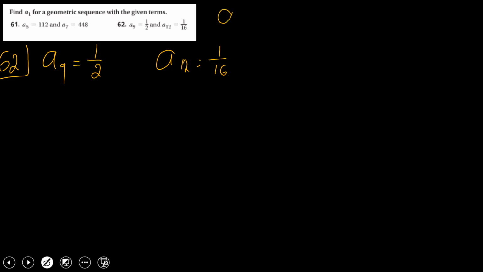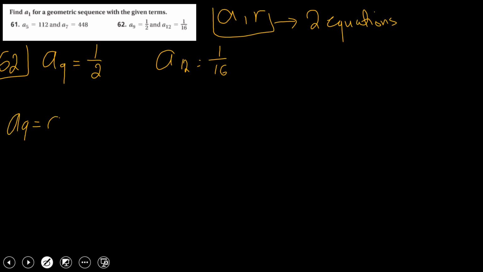So since we don't know a and r, we have two unknown values, which means that I need two equations. How can I find these two equations? The first one from a sub 9, and the second one from a sub 12.